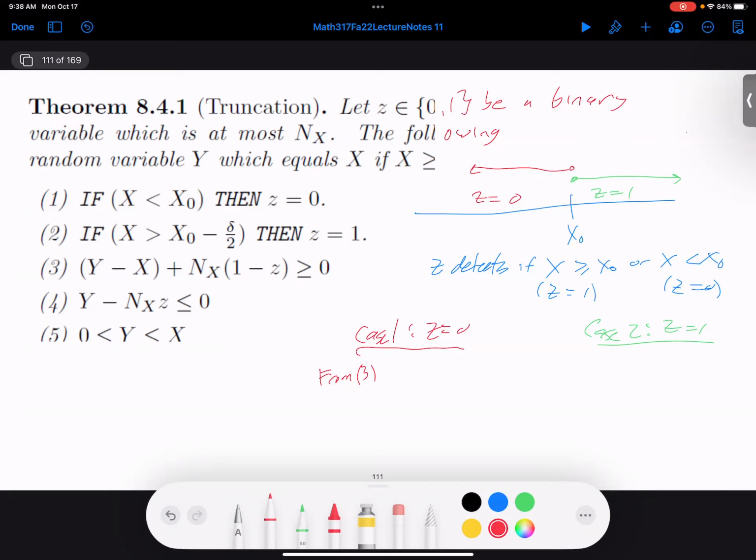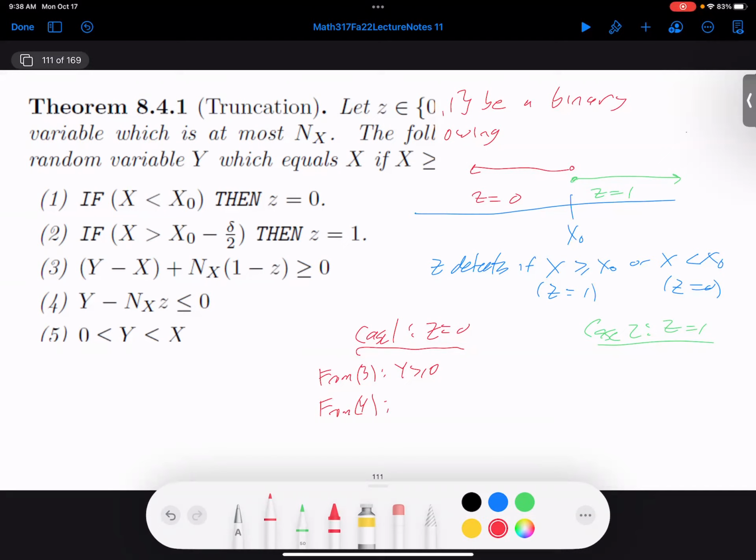So if z equals 0, we know the left-hand side has at least an nx. X is at most nx, so negative x plus nx is non-negative. So from 3, we get y is greater than or equal to 0. Right? Yes? What about from 4? So z equals 0.